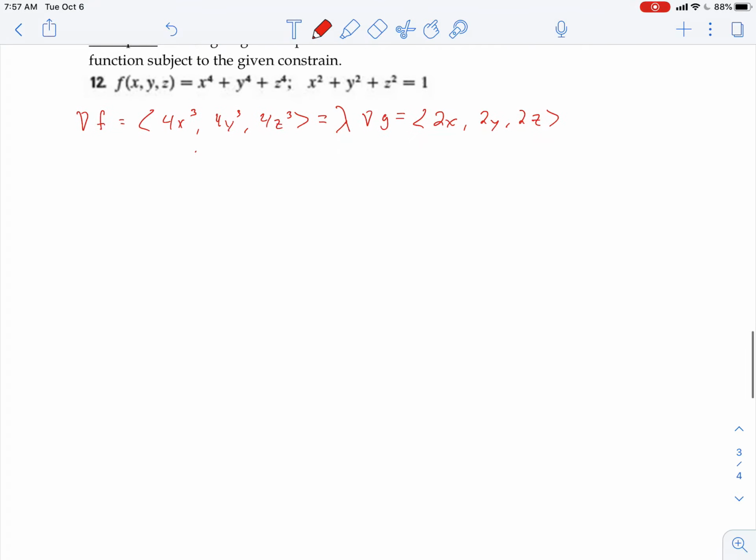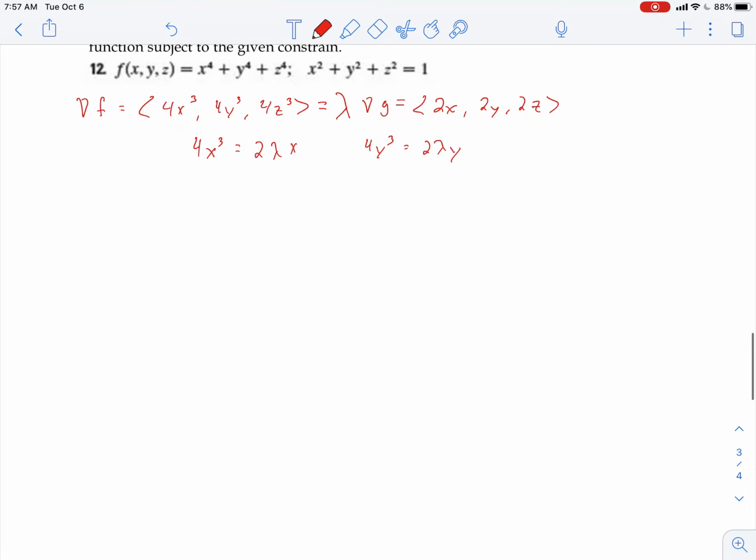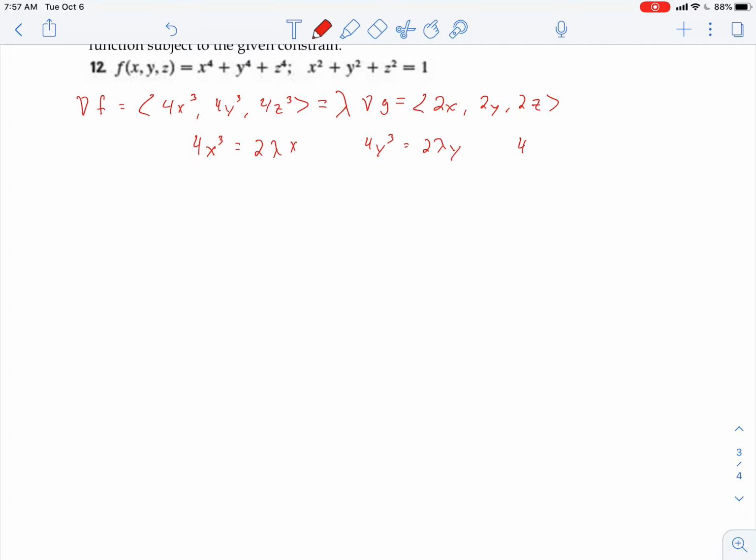So 4x cubed is going to be equal to 2 lambda x. We have 4y cubed equal to 2 lambda y. And then we also have 4z cubed equal to 2 lambda z.